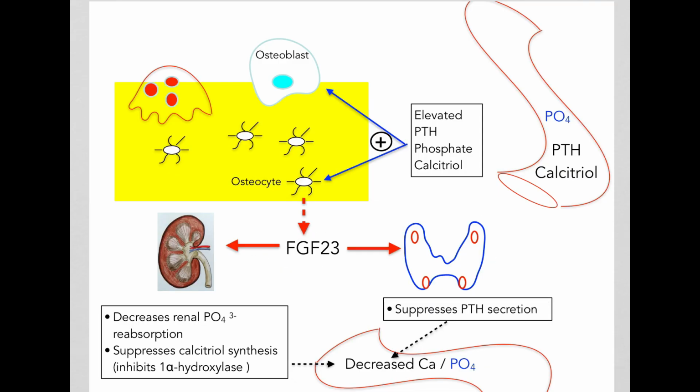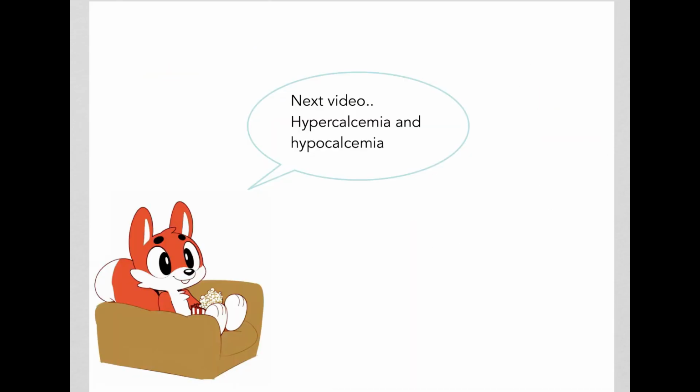So all of these effects by FGF23 are going to cause decreased levels of calcium as well as phosphate in the serum. So that is all about calcitonin and FGF23.